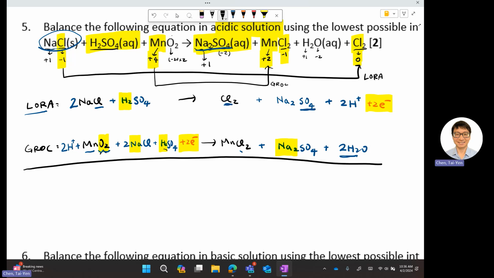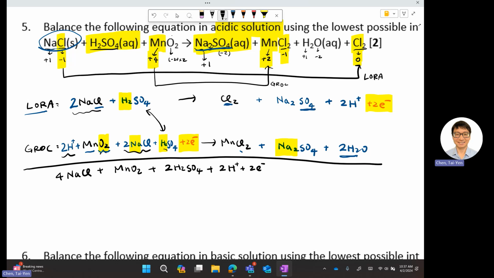So, to NaCl, therefore you have 4 NaCl plus MnO2 plus 2 H2SO4, plus 2H plus 2 electrons.